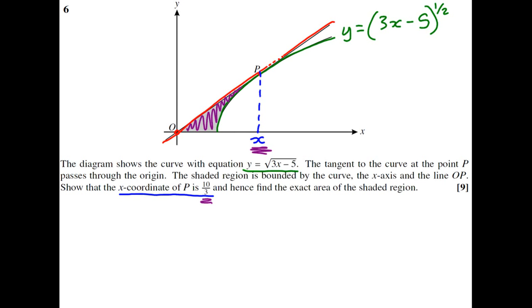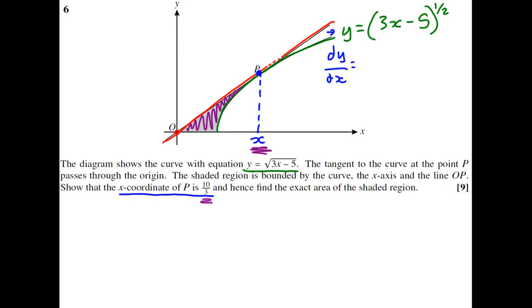Okay, because we were talking about tangent line, tangent is to do with the gradient at a point. Okay, so we're at the point P, and we want the gradient from this curve, y equals square root of 3x minus 5. So when we're talking about gradient, we want to differentiate.